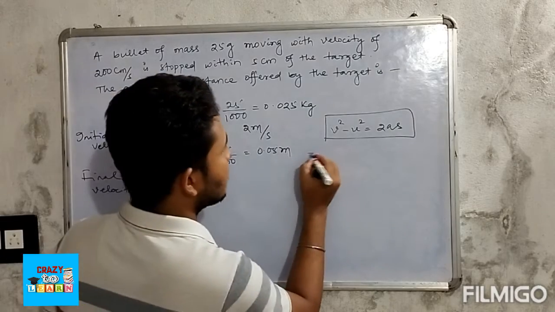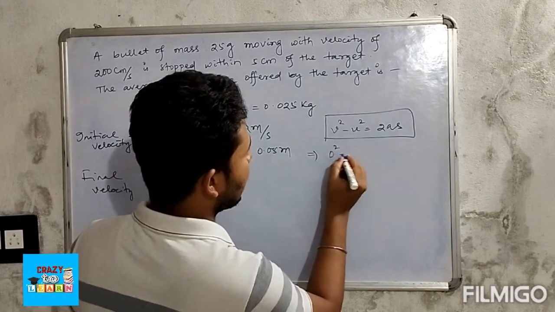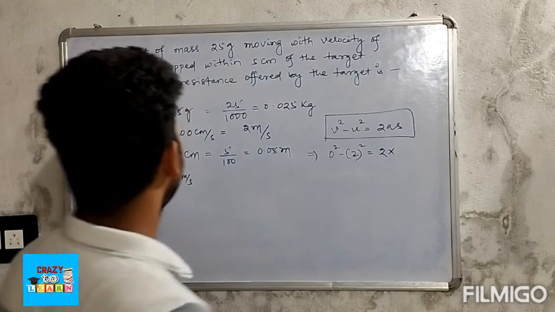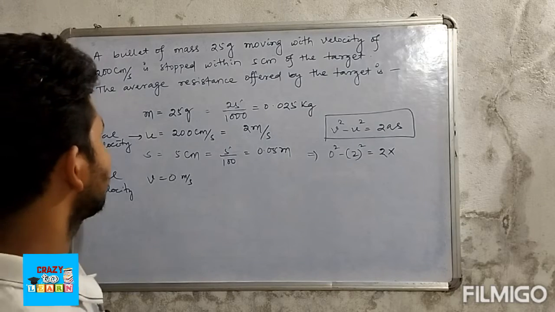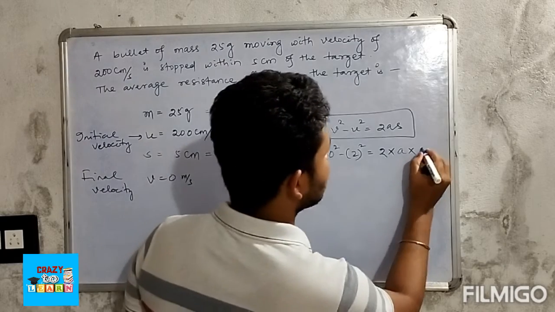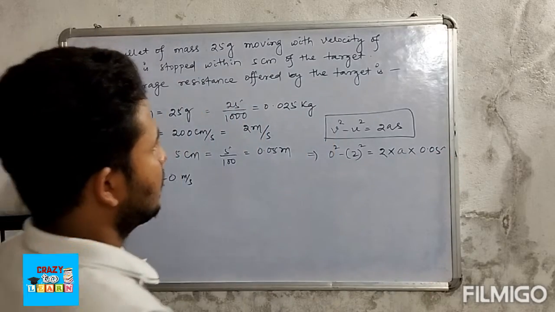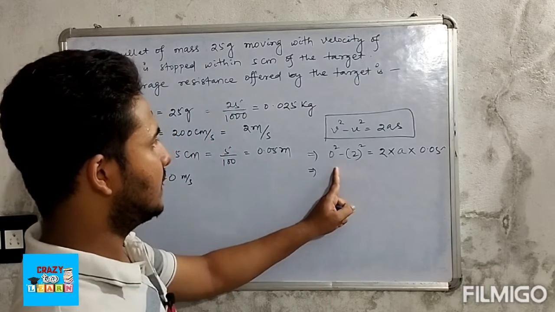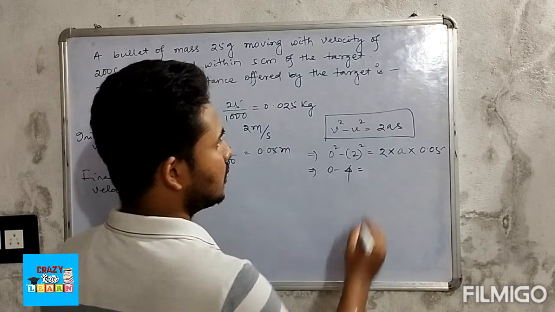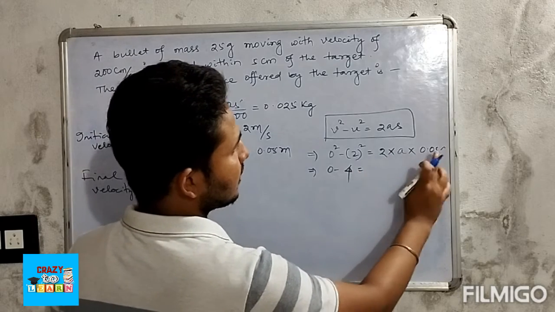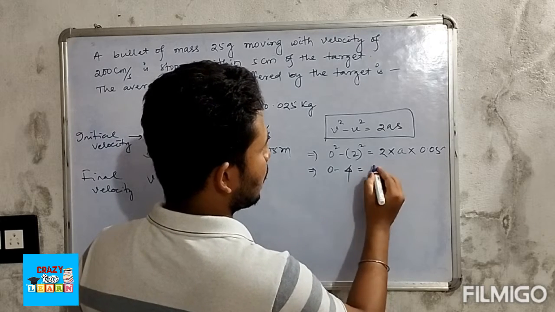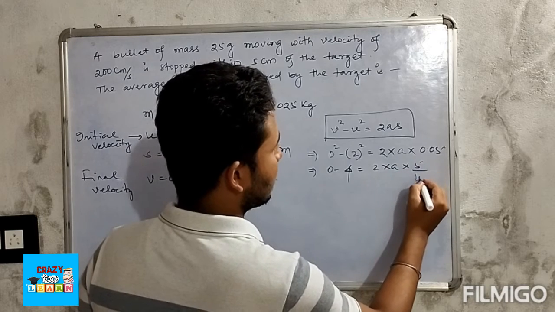So put these things in the given equation, we will get 0 square minus 2 square is equal to 2 into acceleration, we don't know, so put a, and s is equal to 0.05. So 0 minus 2 square, 4, is equal to 2 into a into 5 by 100.